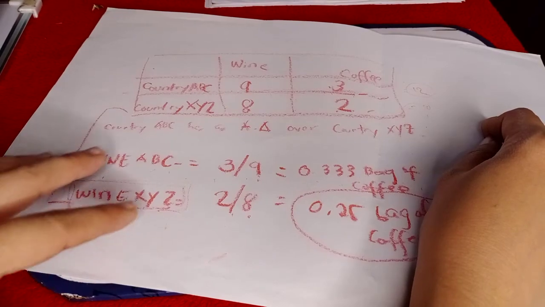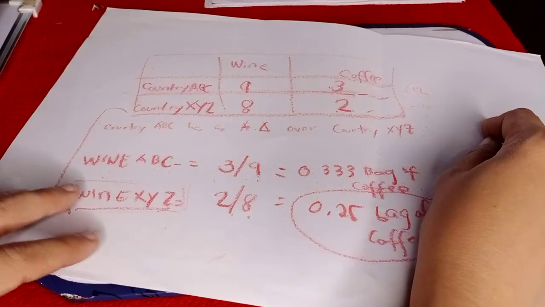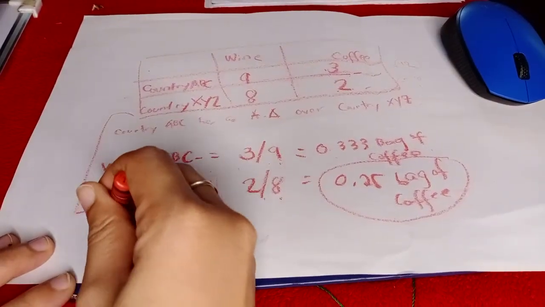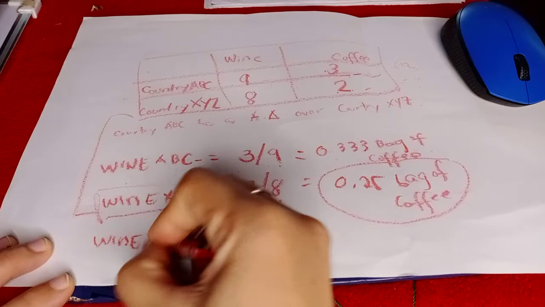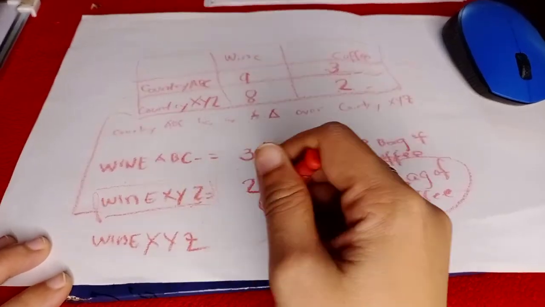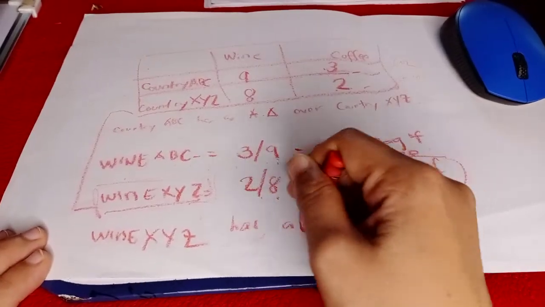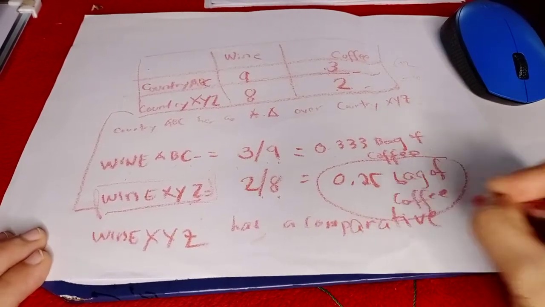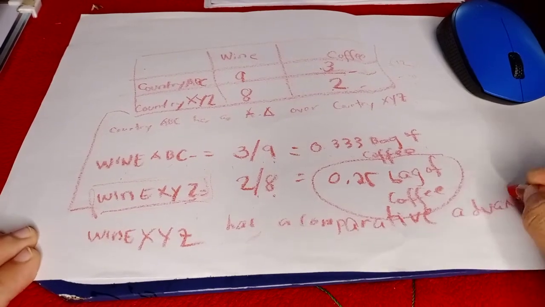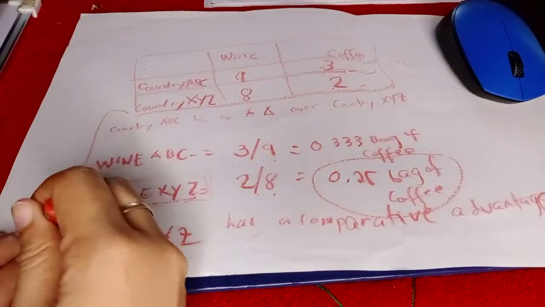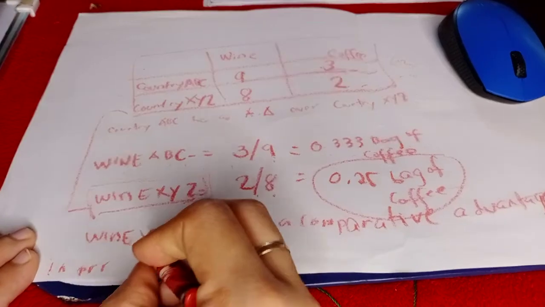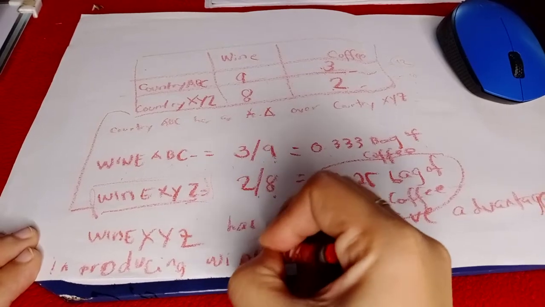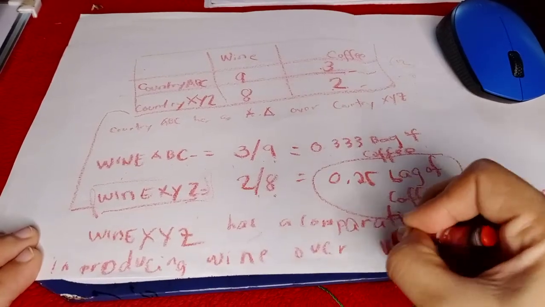And then in terms of comparative advantage, wine XYZ has a comparative advantage in producing wine over wine ABC.